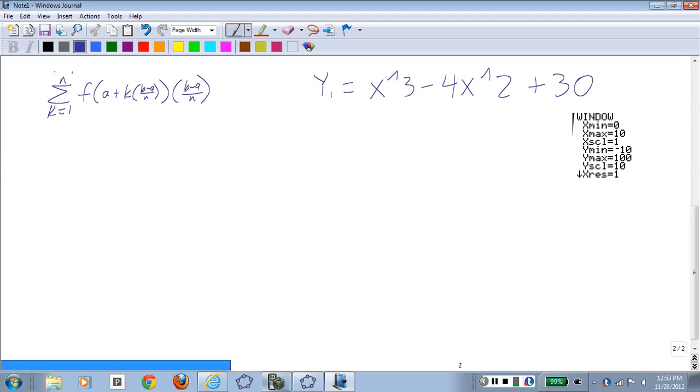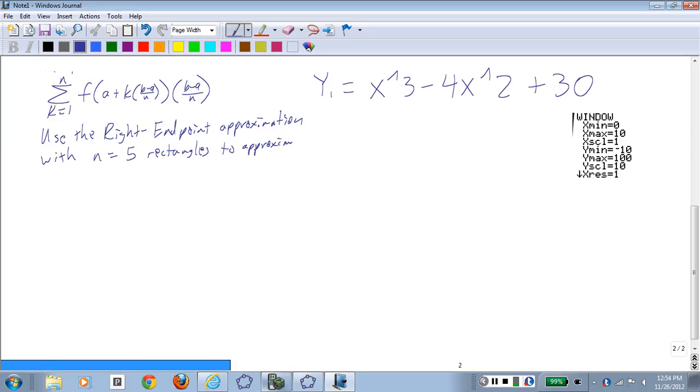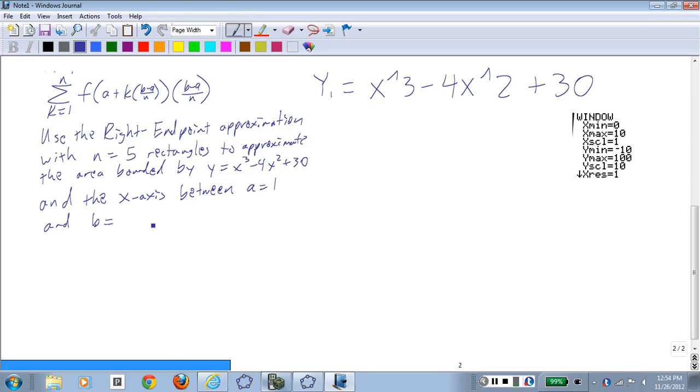Okay. So I'm going to begin with, and furthermore, what I want to do is use the right endpoint approximation with n equals 5 rectangles to approximate the area bounded by y equals x cubed minus 4x squared plus 30 and the x-axis between a equals 1 and b equals 6.